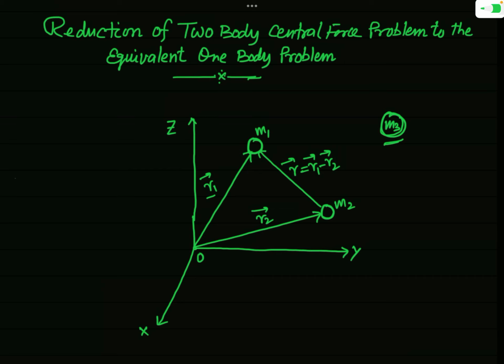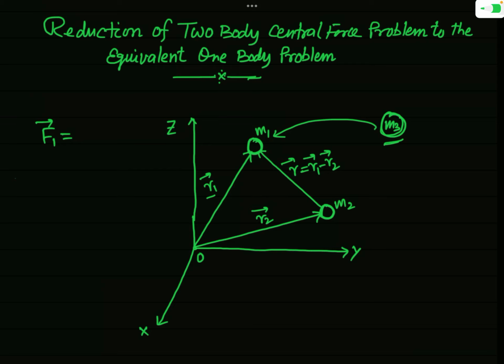Now, if you want to decide the forces acting on this body m1, let us consider that F1 is the net force acting on the body of mass m1. Then what will be this F1? Actually, F1 will experience force from two sources. One source is m2, which exerts a central force on m1, and another is m3, which is also exerting a force on m1.